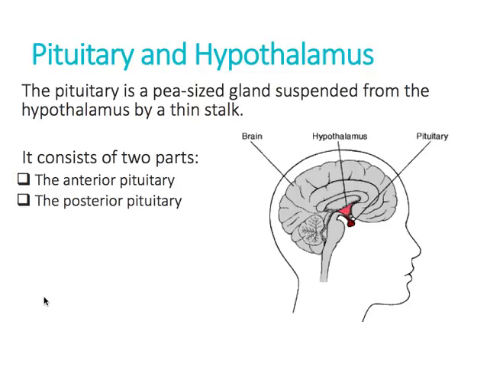Now to talk about some of the important players when it comes to hormones. The first that we'll talk about is the pituitary and hypothalamus. The pituitary is a tiny pea-sized gland that's suspended from the hypothalamus. The pituitary consists of two parts, the anterior pituitary and the posterior pituitary. These are important because of their direct connection to the hypothalamus.